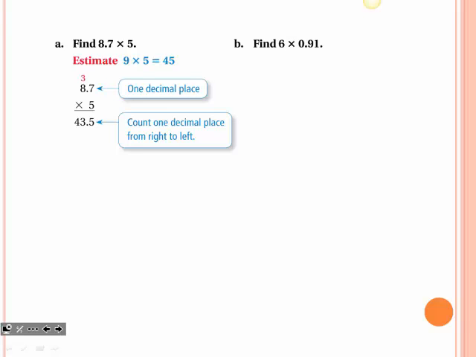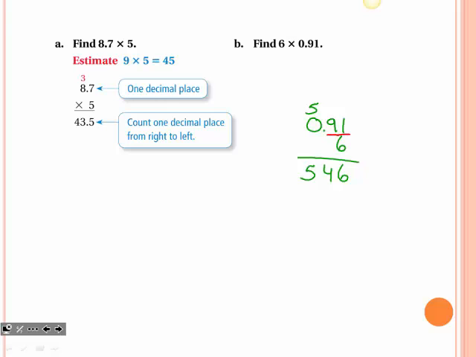All right? Let's do B. Again, we're going to just line it up, 0.91 times 6. Multiply like normal. 6 times 1 is 6. 6 times 9 is 54. Carry that 5. 6 times 0 is 0. Plus 5 is 5. I get 546. But we still have to count how many decimal places we have. 1, 2.